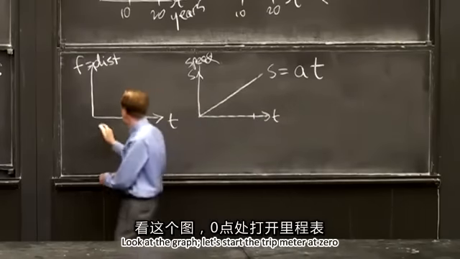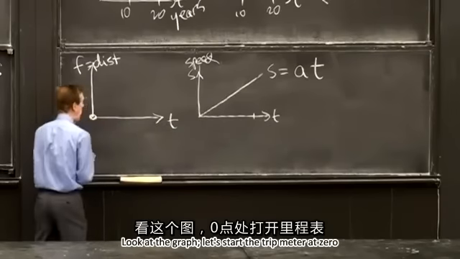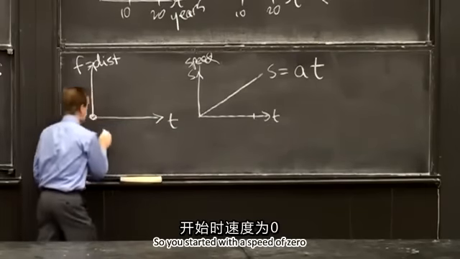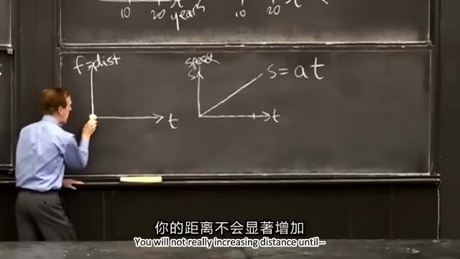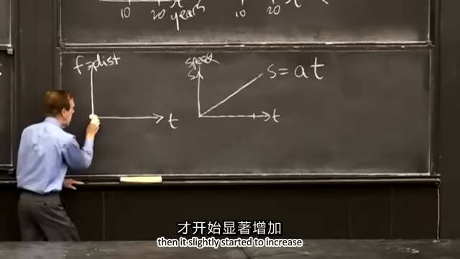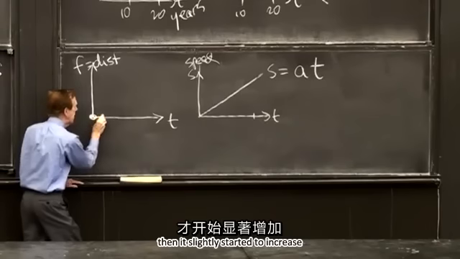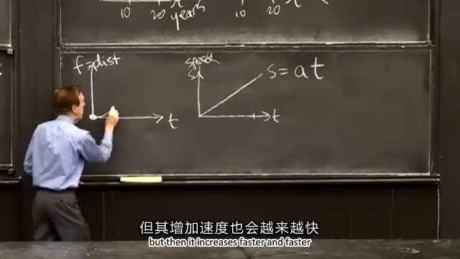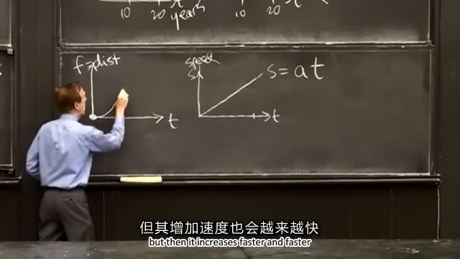Look at the graph, let's start the trip meter at 0. So you started with a speed of 0. You were not really increasing distance until you got slightly beyond 0, and then it slightly started to increase. But then it increases faster and faster.